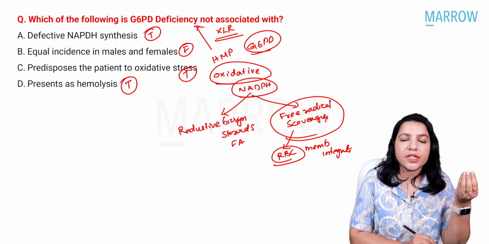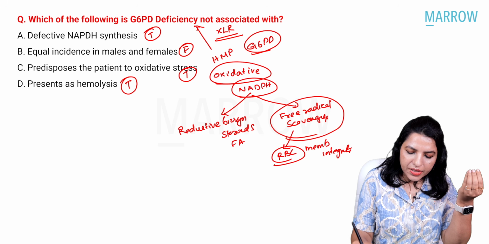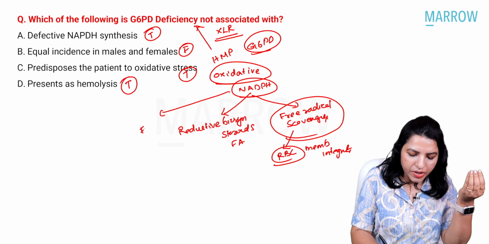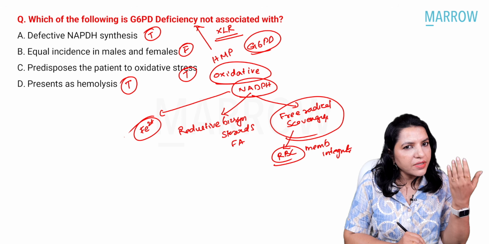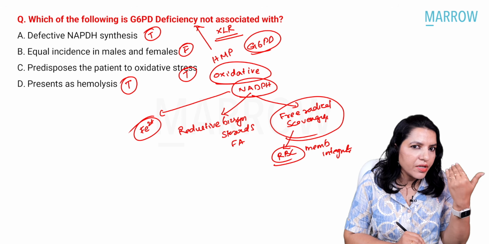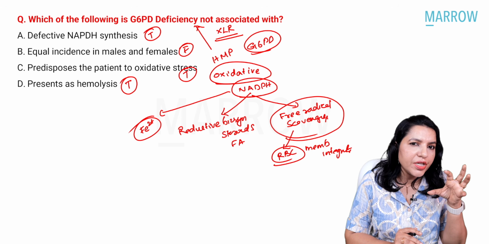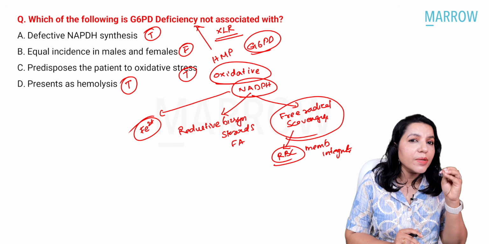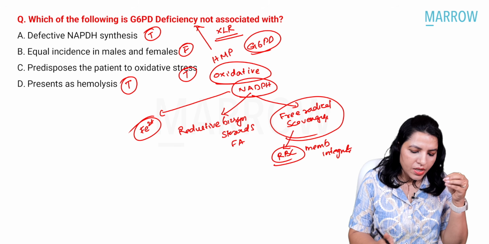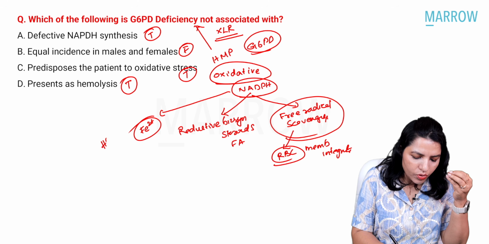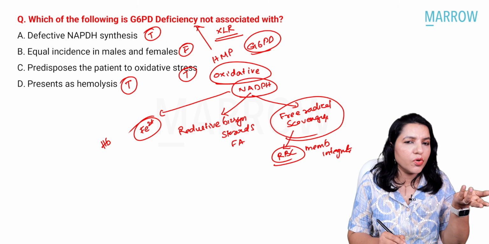Then one more thing that we can see here is that NADPH is required to keep the iron in the ferrous state. So, ferrous iron, I have told you, whenever it is getting converted to ferric. But NADPH requiring enzymes are required to keep the iron in the ferrous state. Now, what will happen in the hemoglobin? I am not saying outside the hemoglobin.